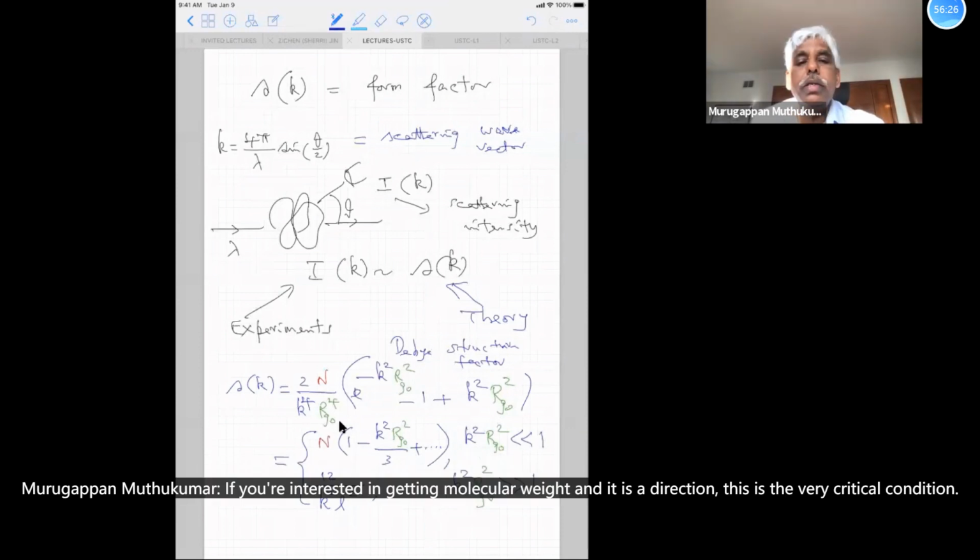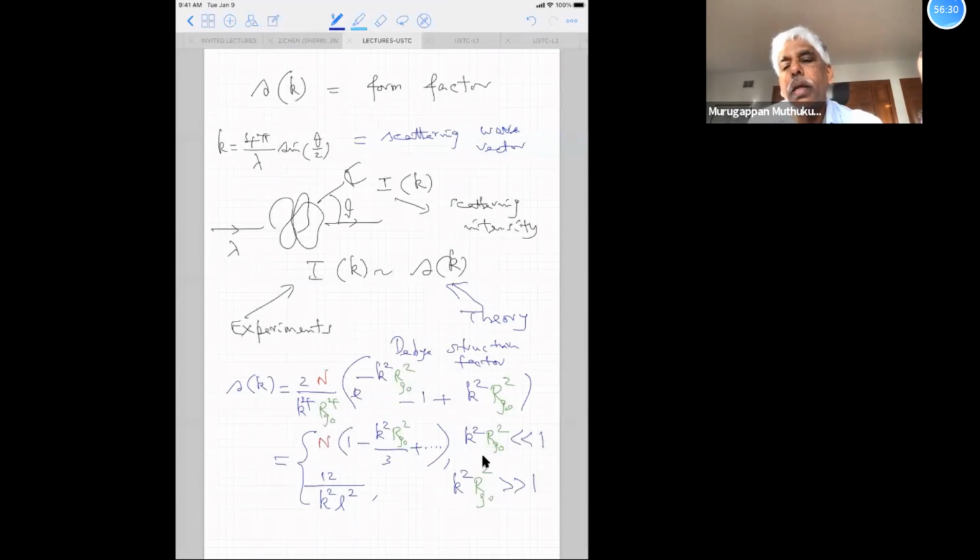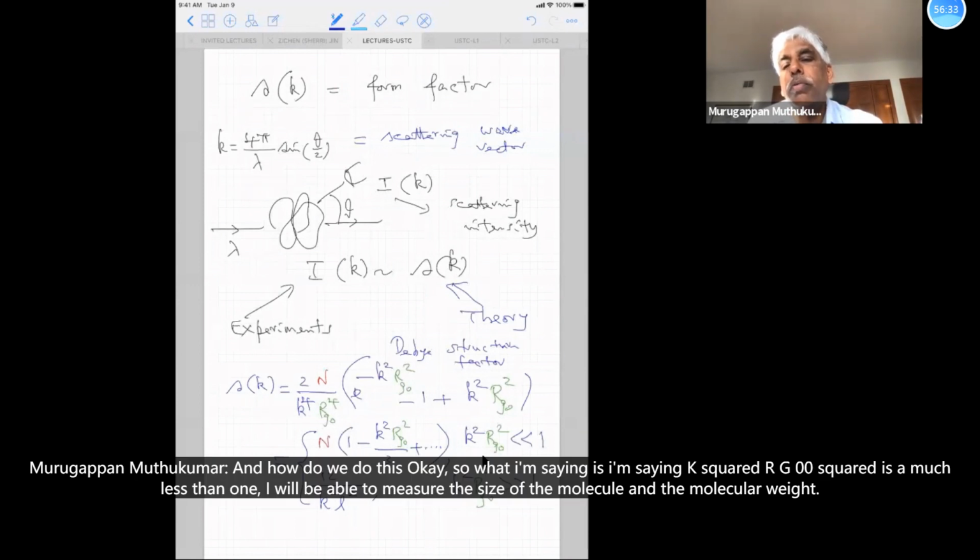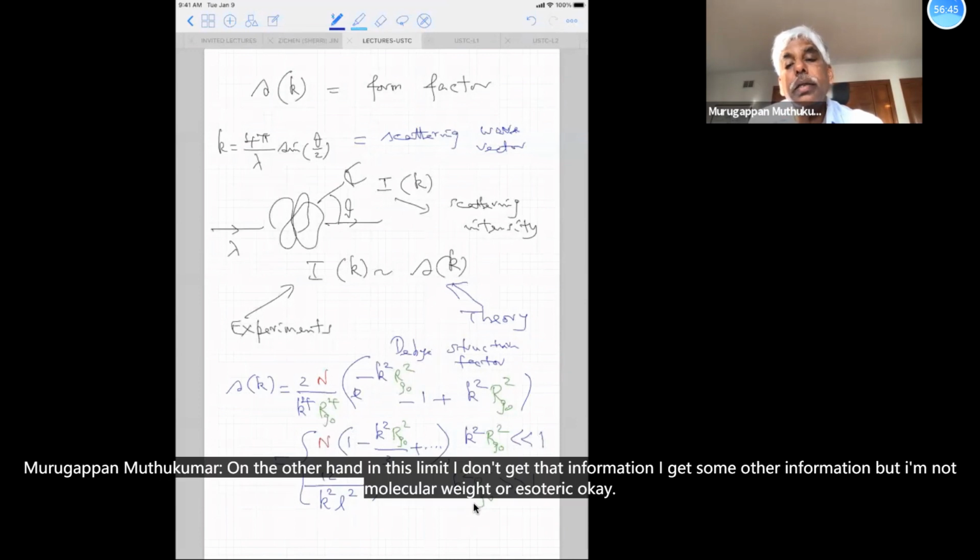If you are interested in getting molecular weight and radius of gyration, this is a very critical condition. So what I'm saying is, if K square RG0 square is much less than 1, I'll be able to measure the size of the molecule and the molecular weight. On the other hand, in the other limit, I don't get that information. I get some other information, but not molecular weight or radius of gyration.